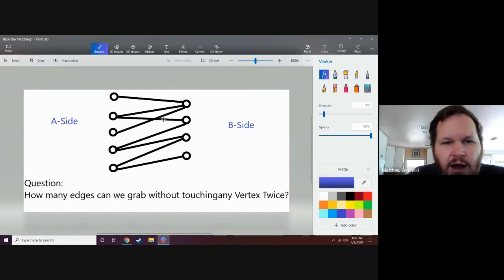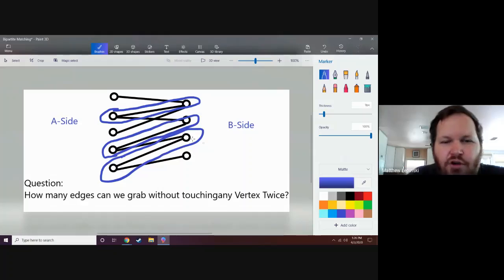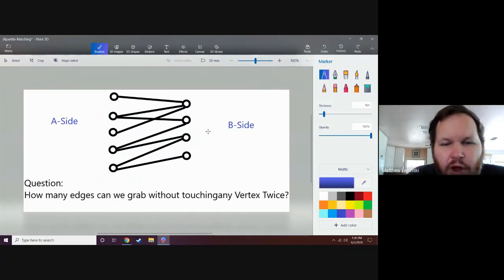Another matching is maybe I could try matching this way, and then I could try matching this way, and this also gets me 3. 1, 2, 3. Is it possible for me to get 4?